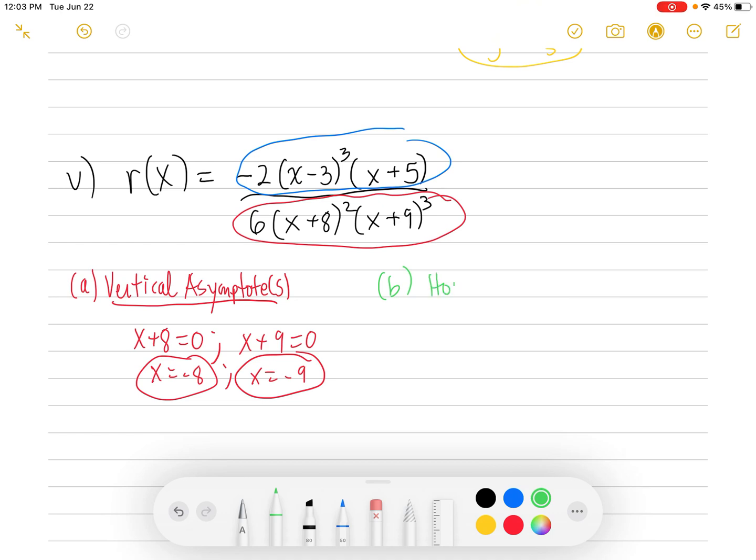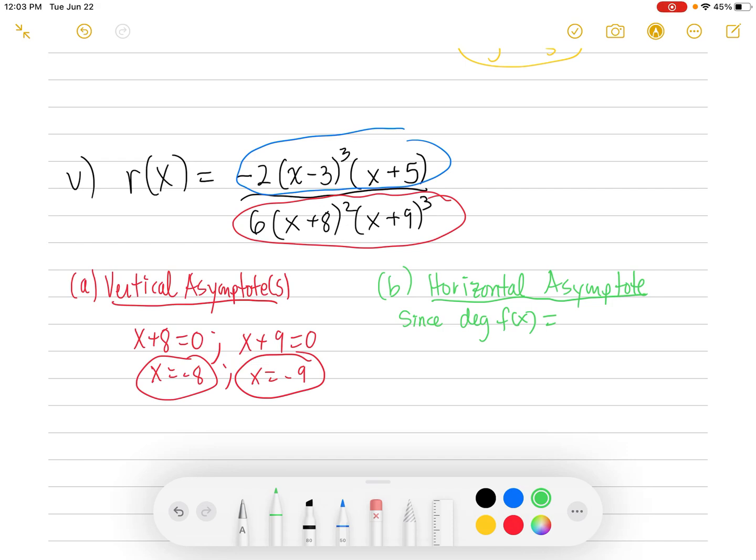Okay, now we want to find the horizontal or slant asymptotes. Turns out we're going to have a horizontal asymptote here. So let's look at the degree of the top. We're going to call the top f of x. So how do you find the degree of the top?